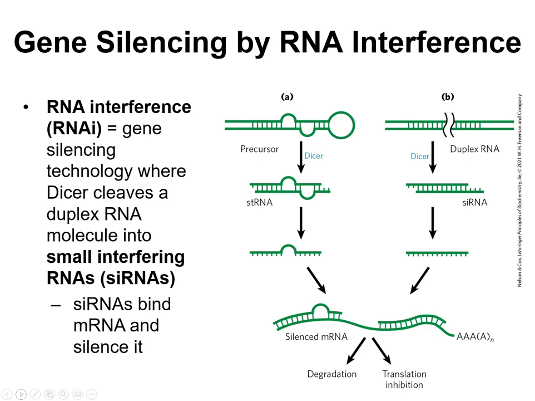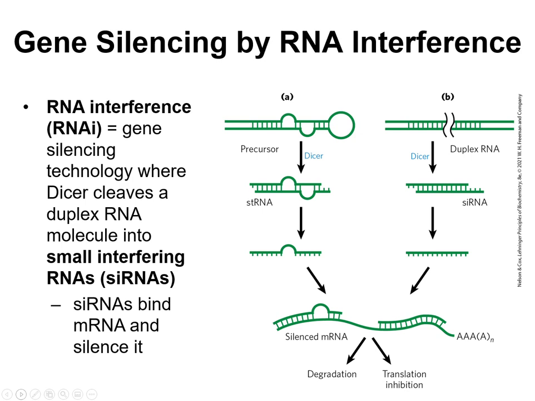So when we're talking about RNAi, we're talking about gene silencing, where a dicer, which is this big complex, will cleave a duplex RNA, meaning it's RNA that is double-stranded, or it could be a single RNA that's got a hairpin structure, so it loops back around and then it will base pair with itself. But dicer will cleave these RNA molecules to create small interfering RNAs or siRNAs. And they can bind to messenger RNA and silence it.